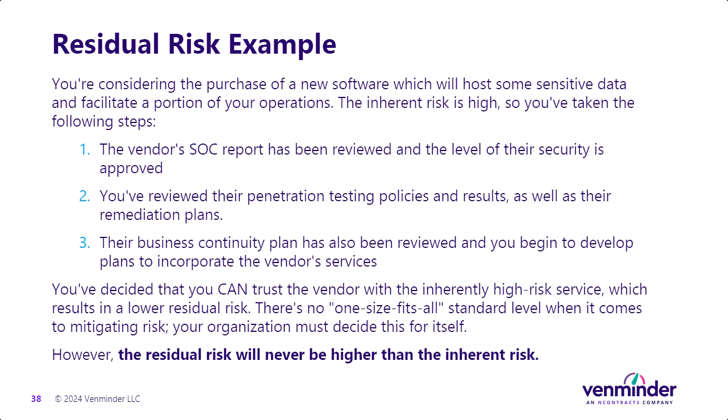So you have decided in this situation that you can trust the vendor with the inherently high-risk service, which results in a lower residual risk. Again, there's no one-size-fits-all for the standard level when it comes to mitigating risk. Your organization must decide this for themselves. However, as a reminder, that residual risk will never be higher than the inherent risk. Just a simple example.